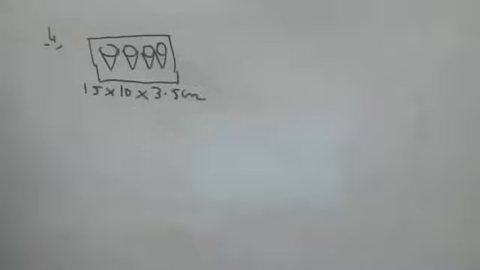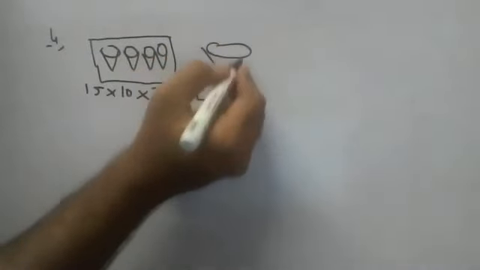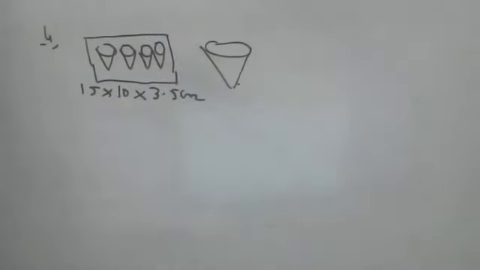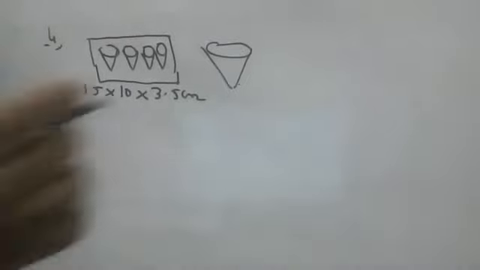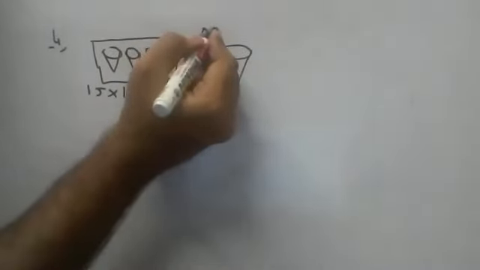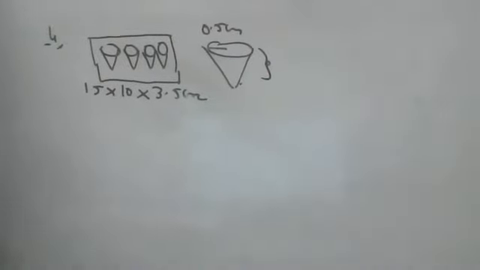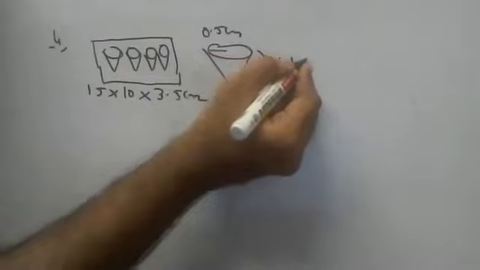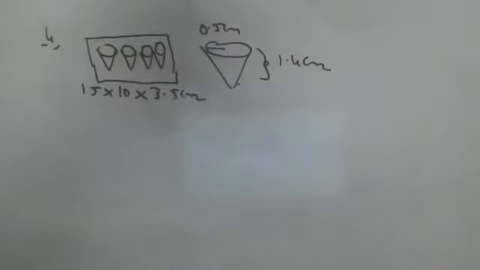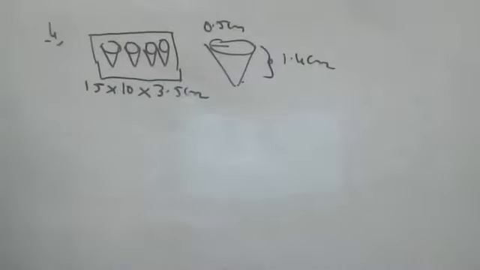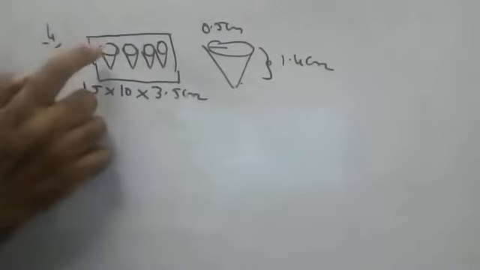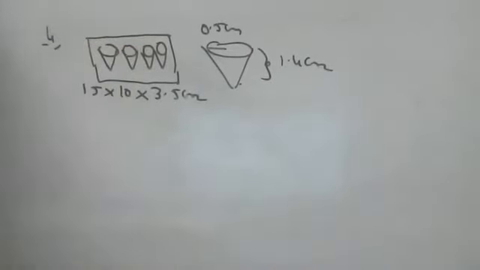The radius of each cone is 0.5 centimeter and the height of each cone is 1.4 centimeter. He is asking what is the volume after digging these four small conical depressions.